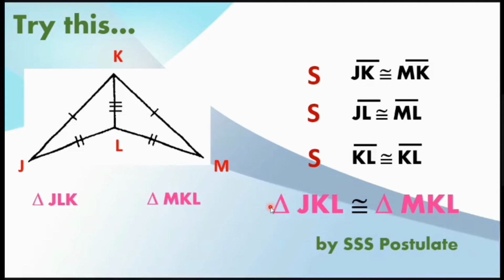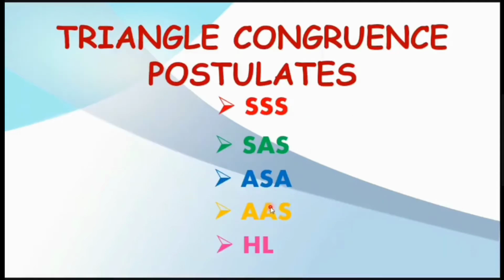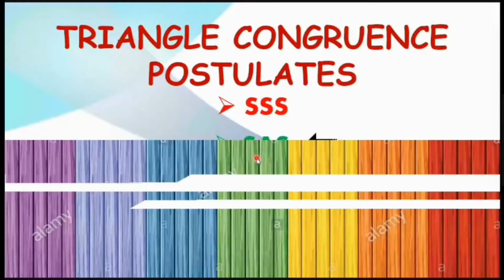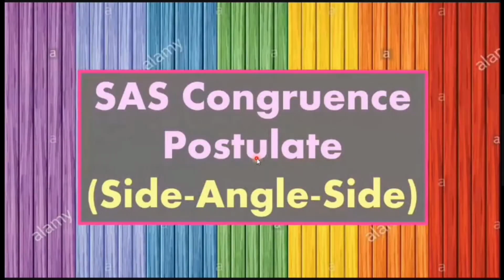This time, we are going to proceed to the second triangle congruence postulate. As we can see, we are done with the SSS congruence postulate and we are down to the SAS congruence postulate. Ano nga ba itong SAS congruence postulate?